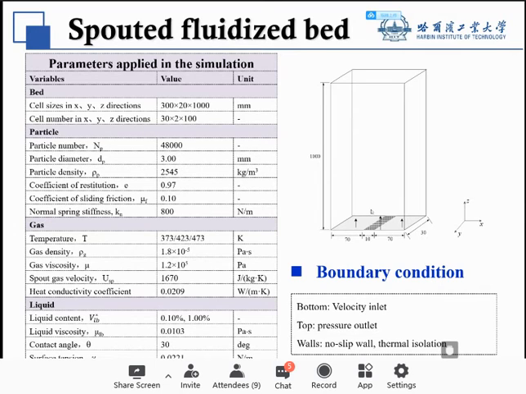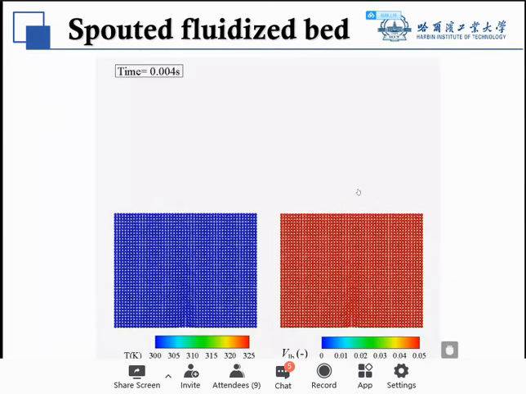If you give different operation conditions, the fluid regime will change. This figure is the structure of the spouted fluid bed, and here we also show the boundary conditions for the simulation. In the left table, we show the parameters applied in this simulation, including the bed size, particle parameters, gas parameters, and liquid parameters.